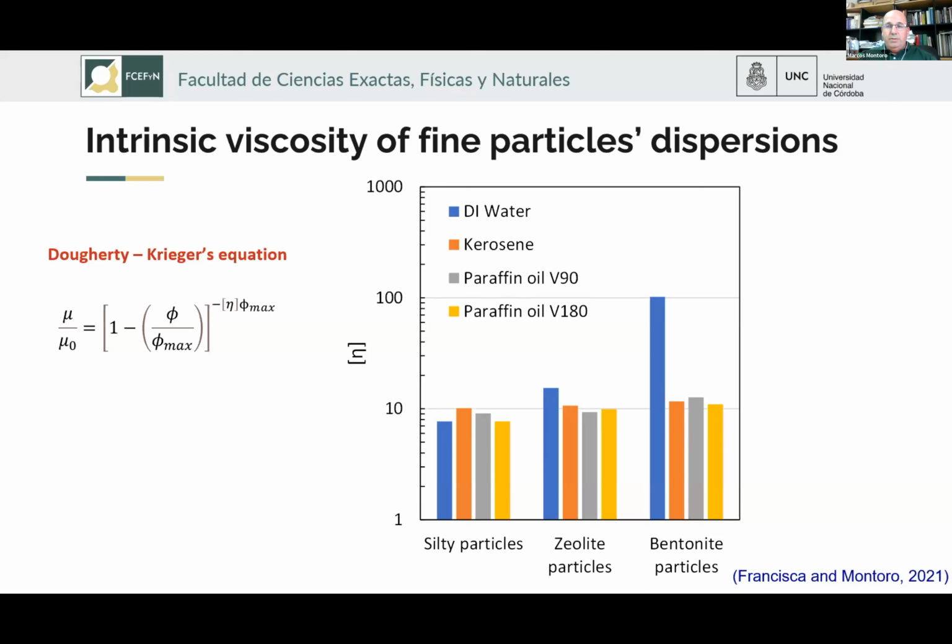It is also important to observe that the results obtained for the silty particle dispersions show that the intrinsic viscosity determined for deionized water was very near to the values obtained with the NAPLs, and that means that in this case, or for these particles, the viscosity of the dispersion is controlled by the viscosity of the suspending fluid and not by the development of electrical diffuse layers.